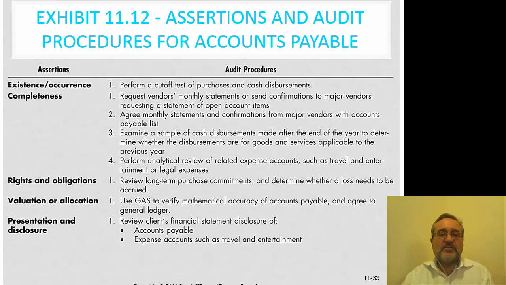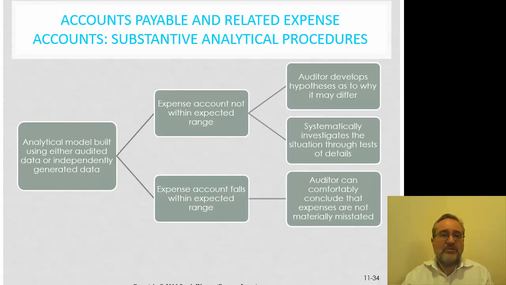We agree monthly statements and confirmations from major vendors. Rights and obligations, we review long-term purchase commitments. Valuation, we use some sort of mathematical accuracy test to determine that accounts payable agrees with the general ledger. And presentation and disclosure, we are reviewing the actual disclosures.